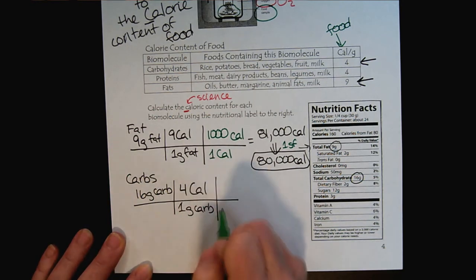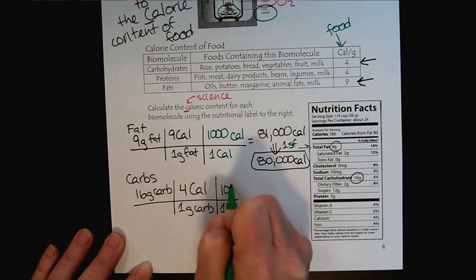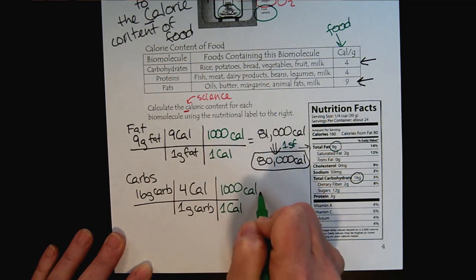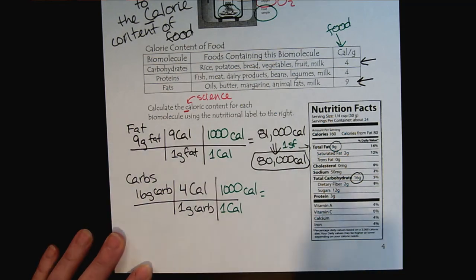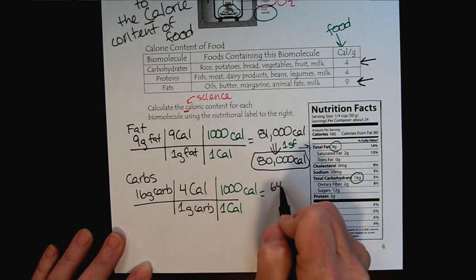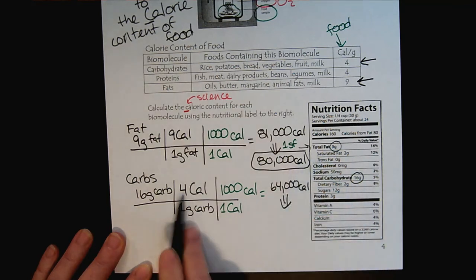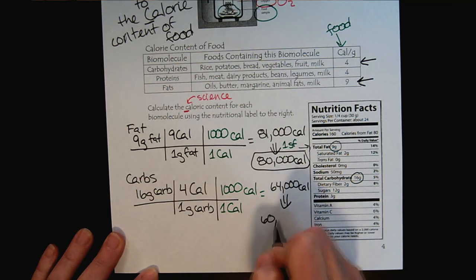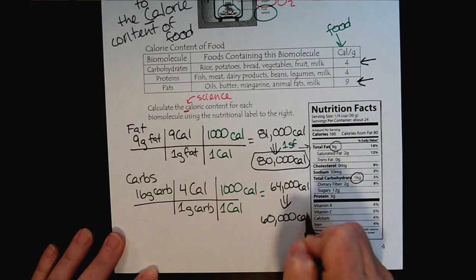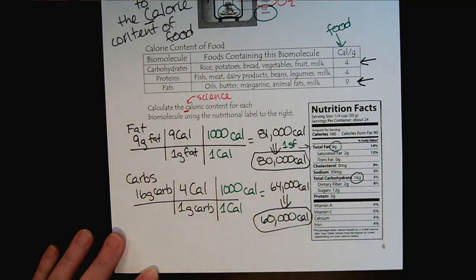And then we will convert that from food to science calories. And our calculator spits out a value of 64,000 science calories. And once again, we're limited to 1 sig fig. So if we're watching our weight, that's a good thing. Only 60,000 calories from those carbs.